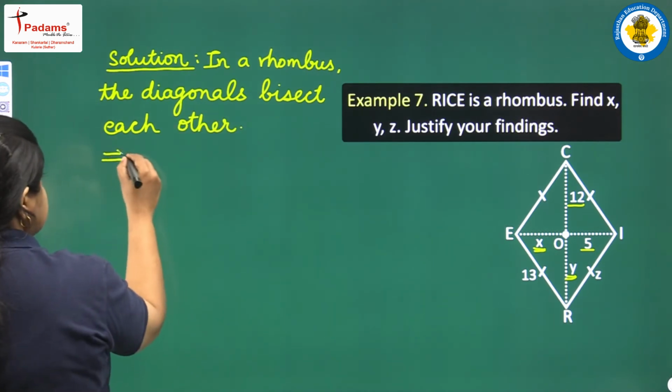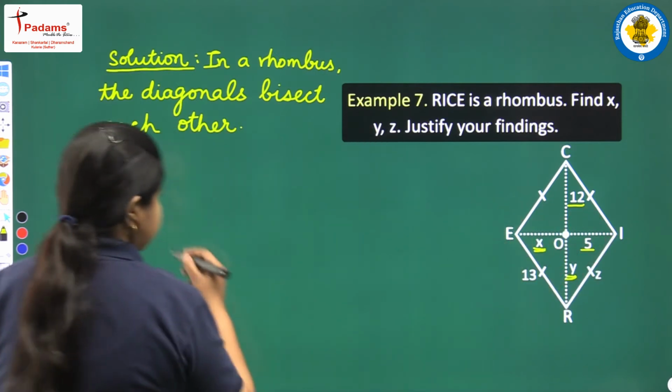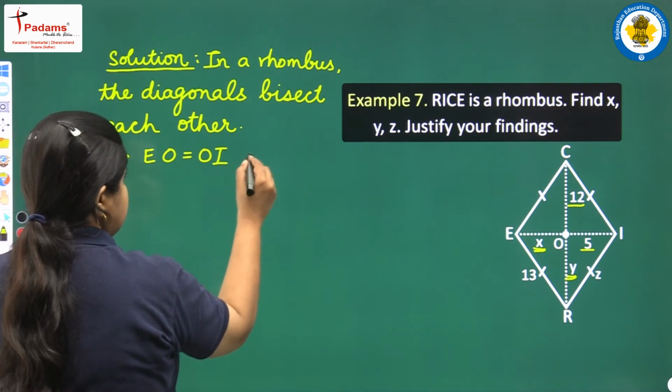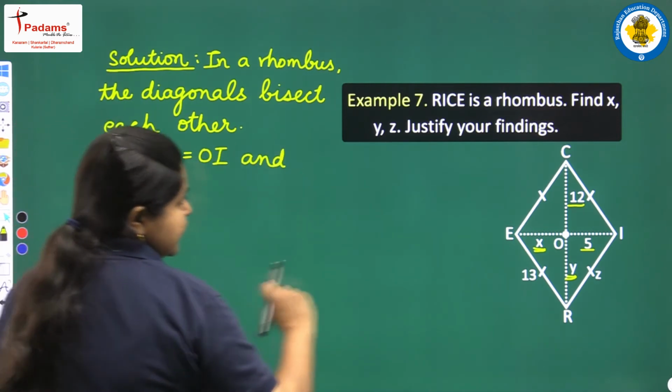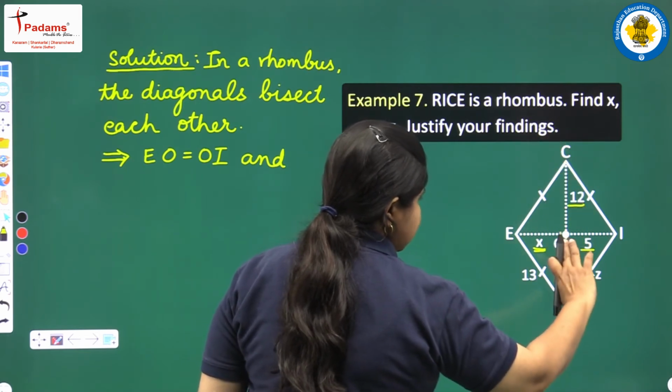This means that this EO will be equal to OI, and taking this vertical diagonal, this CO will be equal to OR.